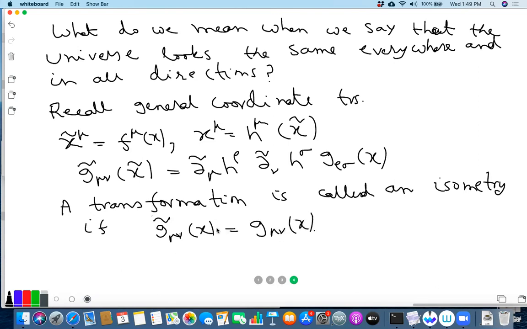Okay. Notice that the arguments are the same. Okay. So basically what it is saying is that after coordinate transformation, typically g tilde mu nu looks like a different function. Okay. But if the new function happens to be the same as the old function, then you call this an isometry. Is this point clear?